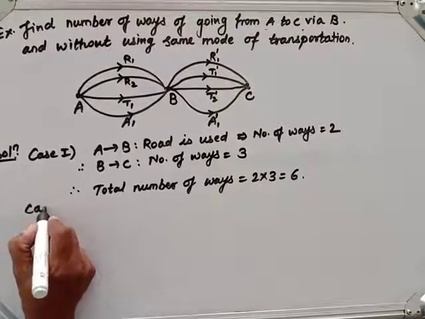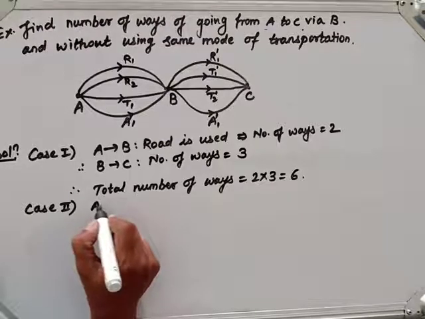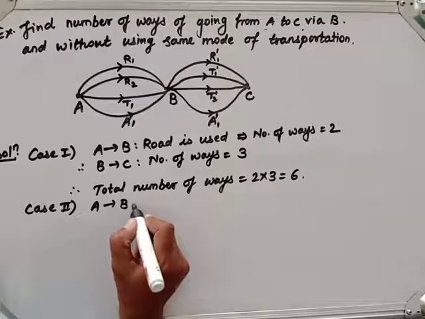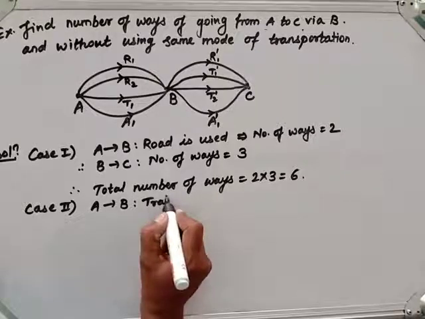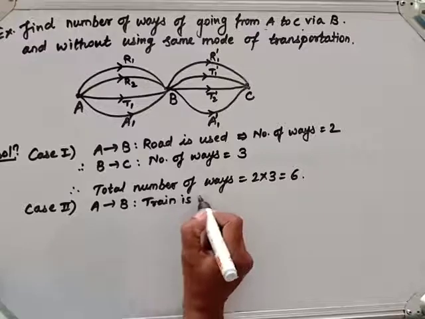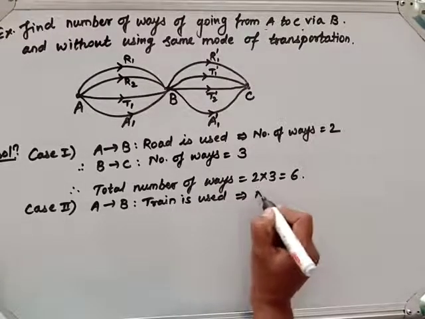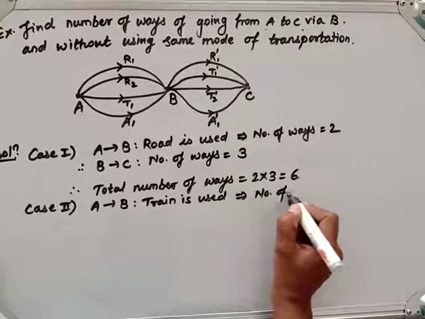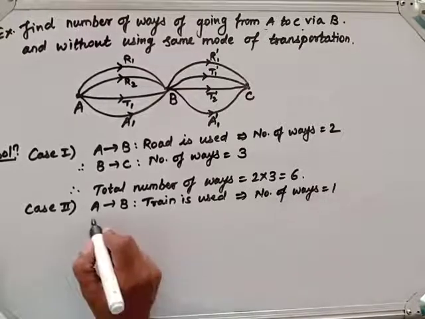Again, case 2. Case 2 is, suppose from A to B, we use train. Suppose train is used. So the number of ways is 1.